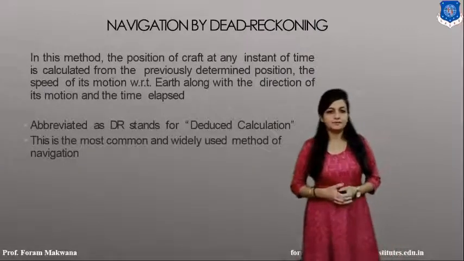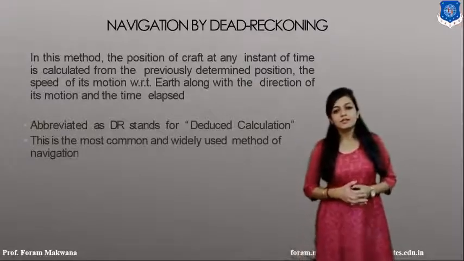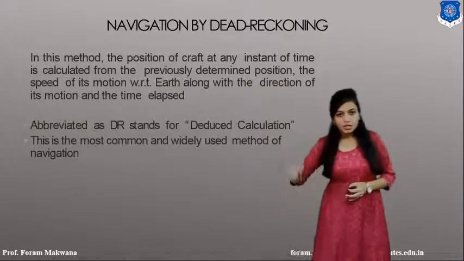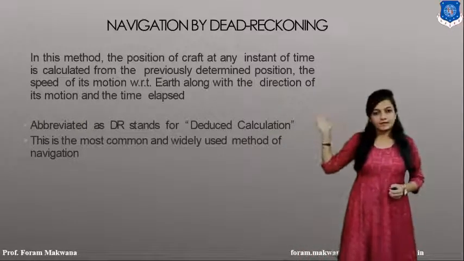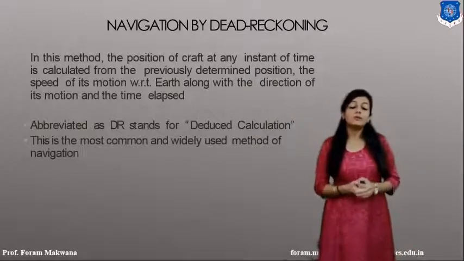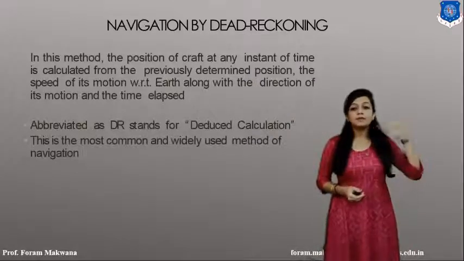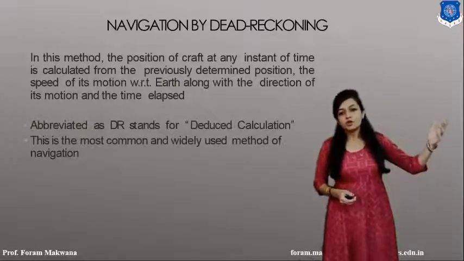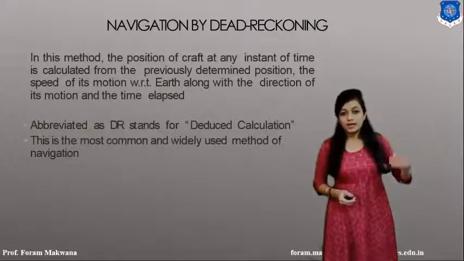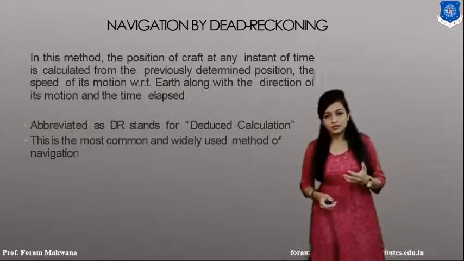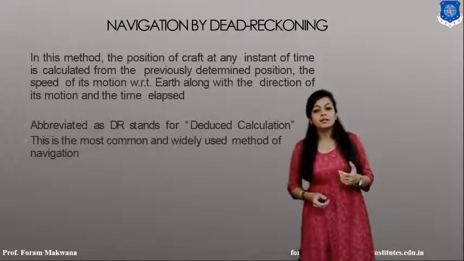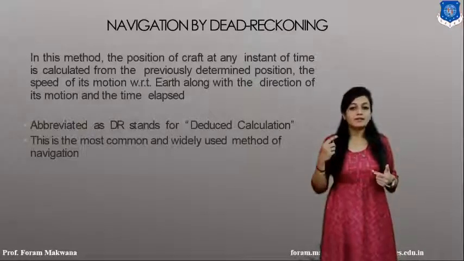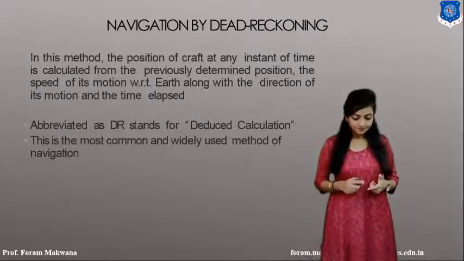Now the third method is navigation by dead reckoning. In this method, the position of the aircraft at any instant of time is calculated with the help of a previously determined position. So we must have the previous position of the aircraft and the speed of motion with respect to the earth, along with the direction of its motion and the time elapsed, right?